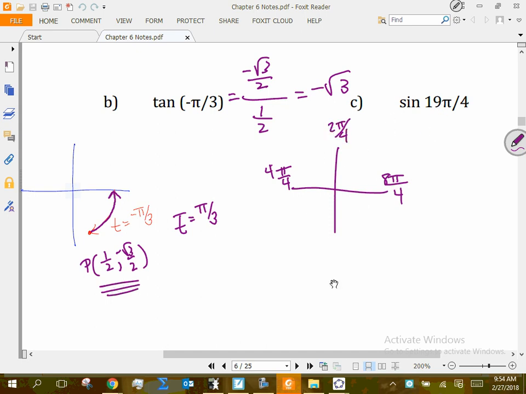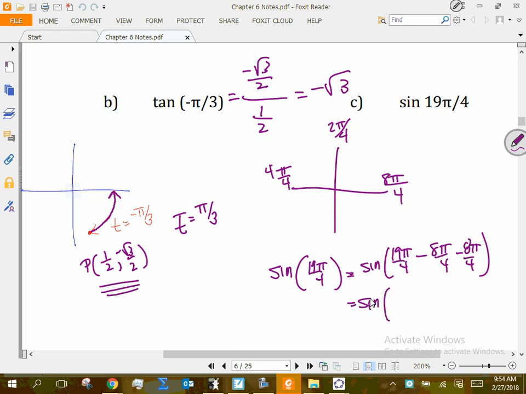What I'm going to do is take sine of 19 pi over 4, and I know that's going to be equivalent to the sine of 19 pi over 4 minus 8 pi over 4. Now it'll give me 11 pi over 4, right? But 11 pi over 4 is still bigger than 2 pi. I'm going to subtract another one. So that will equate to what? Sine of 3 pi over 4? Is that okay with everybody? Now that exists inside 1 revolution, correct?